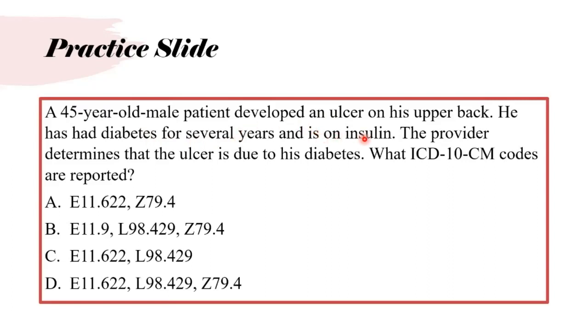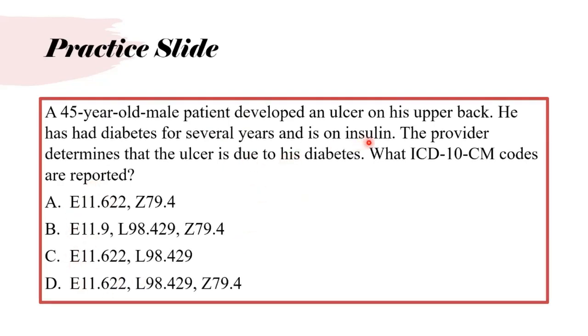We also see he's on insulin. So quick question. You don't know if he's type 1 or type 2. So you want to remember that the default is E11. And we can see all the codes start with E11, okay?